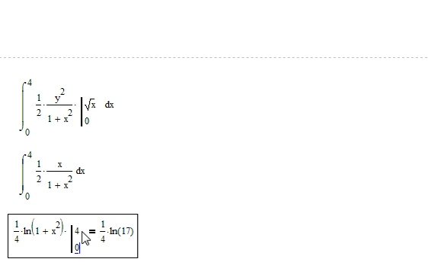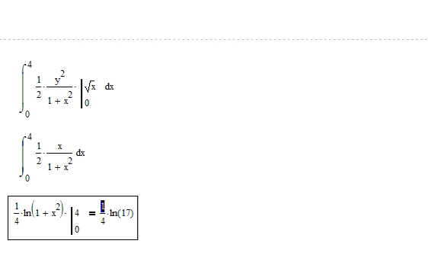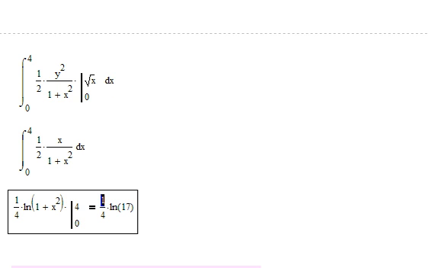So if you put in the number 0, you get ln of 1 plus 0, which is ln of 1, which is 0, so therefore the whole answer is what you get when you put in 4. So 1 plus 16, 1/4 ln of 17 is the answer for this double integral.